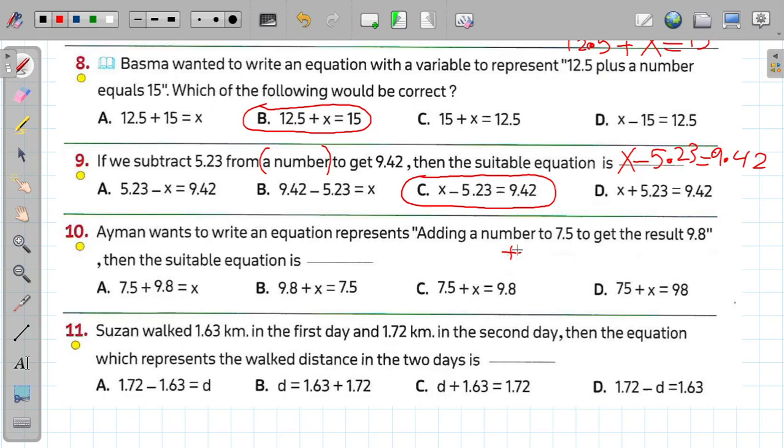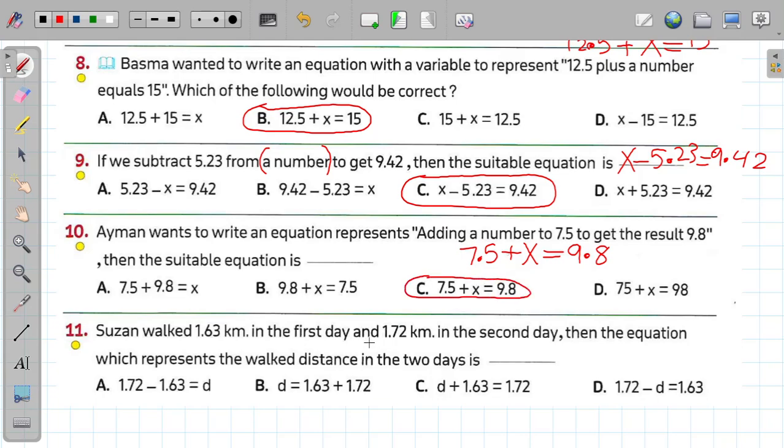I will add a number like x to number 7.5. To get the result means equals 9.8. So I will write 9.8. So my equation is 7.5 plus x equals 9.8. So my choice is C.